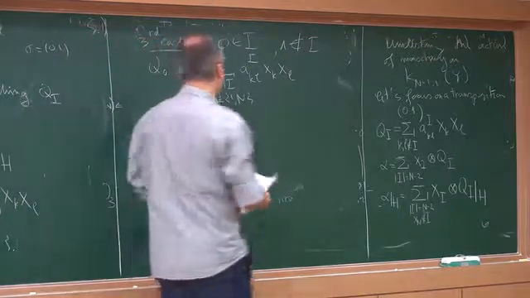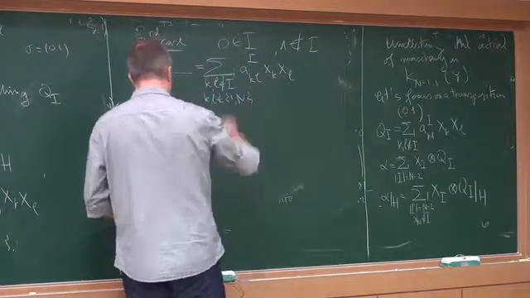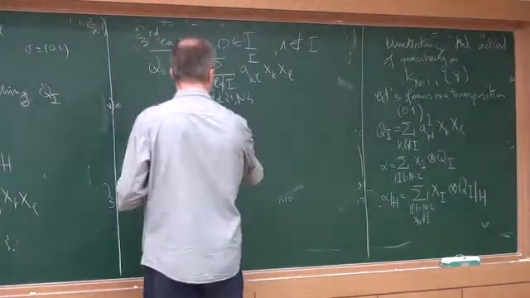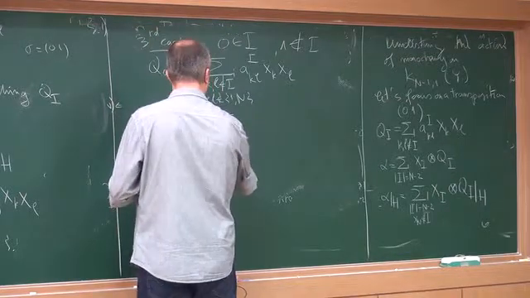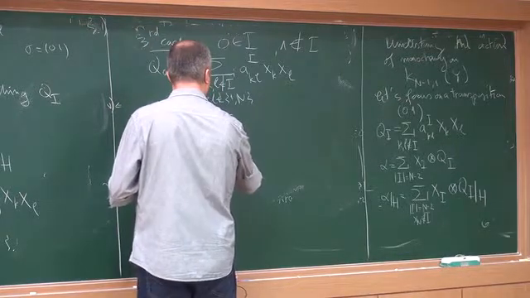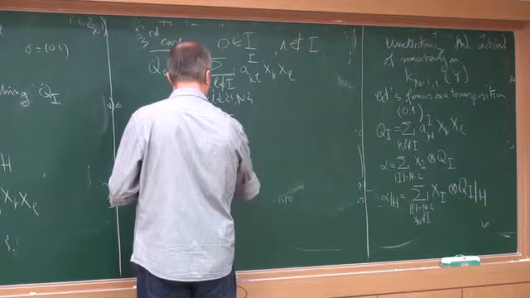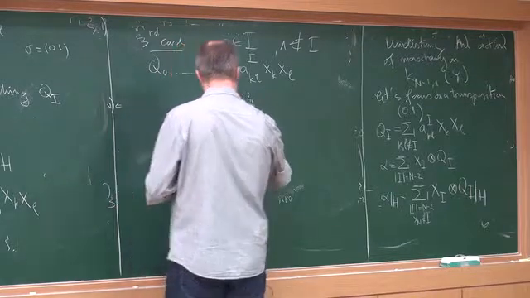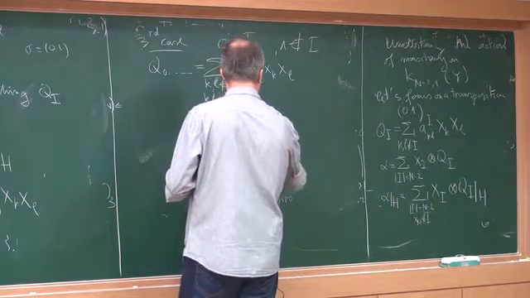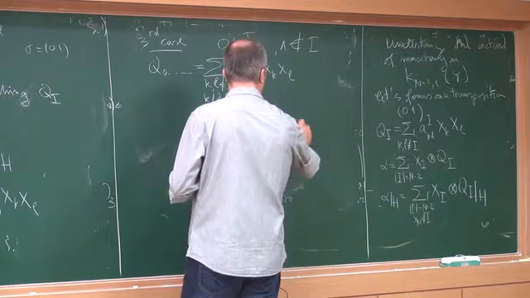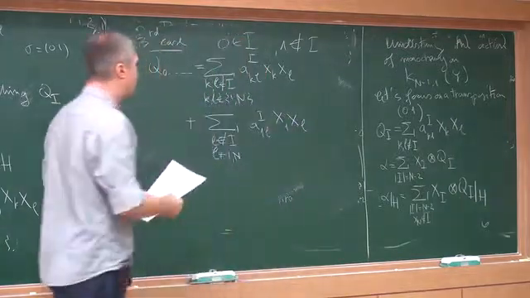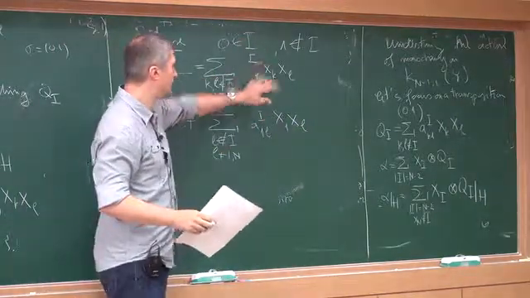And we separate what depends on x1. So that will be plus a sum of L not in I, L different from 1 and n, A_I 1L x1 x_L. So we separated the x1 from the others.